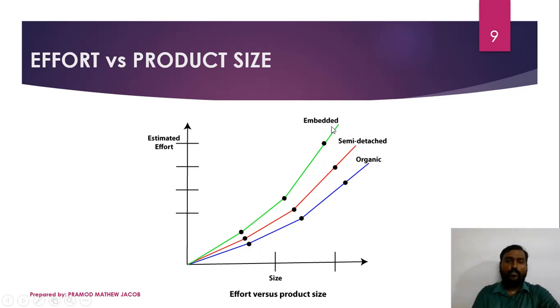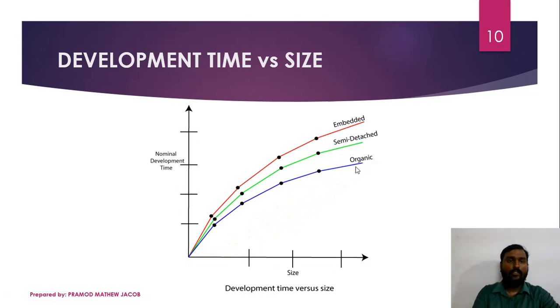For an embedded software where the constraints are very tight, it rises drastically when the size increases beyond a point, to a higher peak value. For a semi-detached software it is somewhat normalized, and for an organic software it is comparatively less, because in an organic software the development team consists of experienced developers.